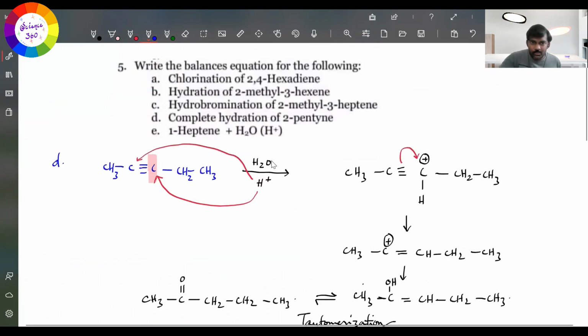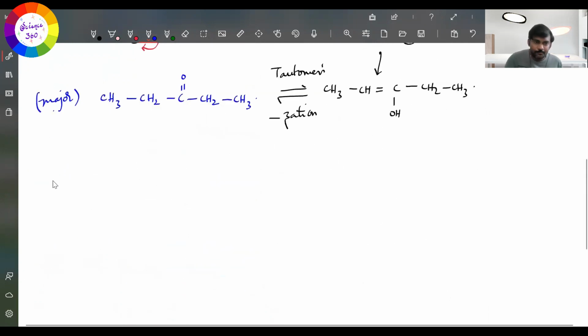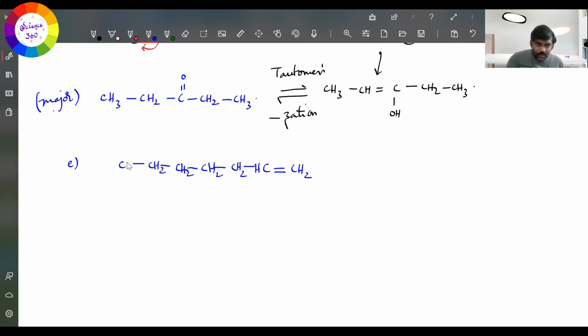Right, so next one more is there, 1-heptene attached with water. So let's see that. 1-heptene: 5, 6, 7, so 7 carbons and 1-heptene it is. So CH2 double bond CH, CH2, CH2, and so on. So this is 1-heptene, and a water molecule I have to attach to it in acidic media.